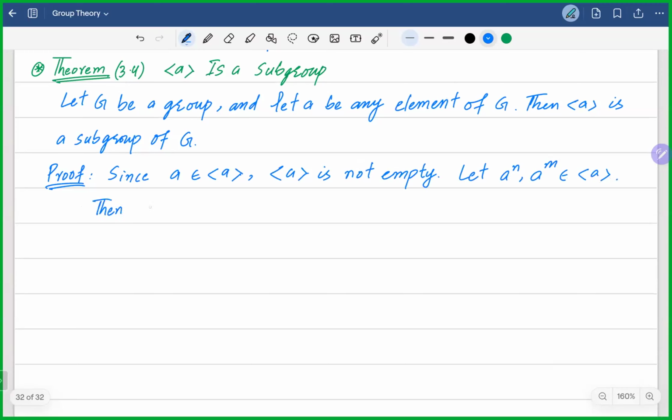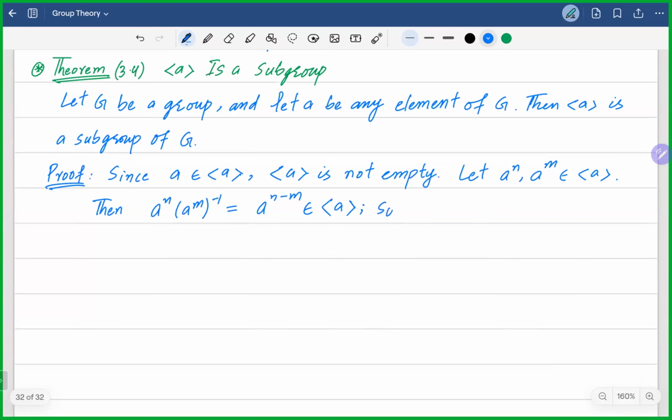Then a power n times a power m inverse is equal to a power n minus m, which is in the set because it is a power of a, and the set generated by a contains the powers of a.